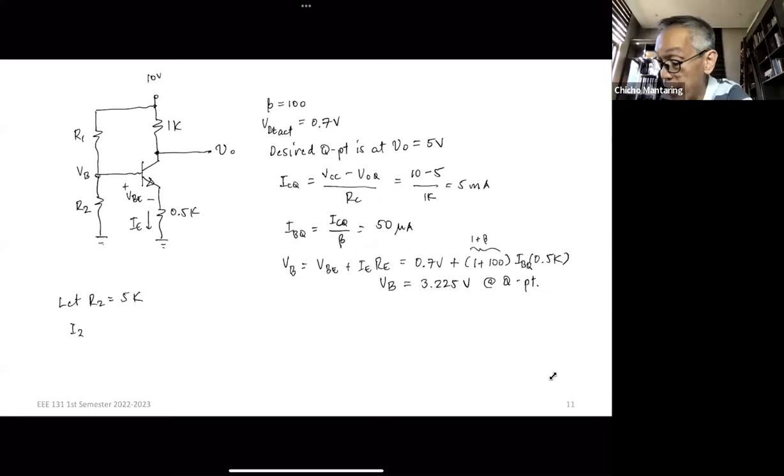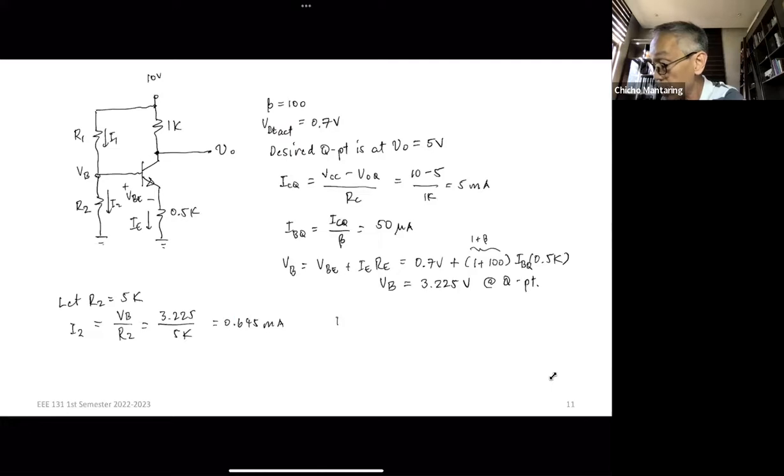So what will be I2? This is I2, this is I1. My I2 will be VB over R2. So that will be 3.225 divided by 5K, and that will be 0.645 mA. Take note that this is very, very much greater than IBQ.